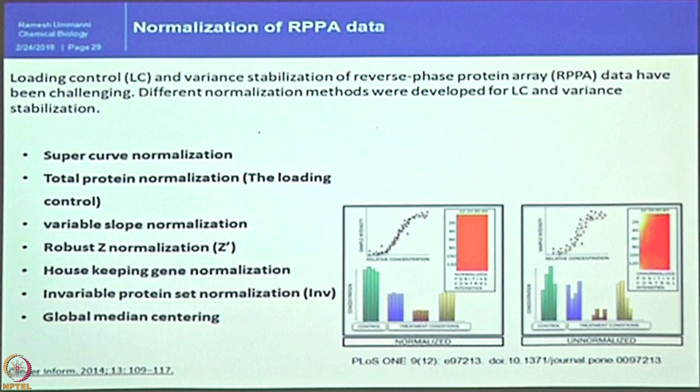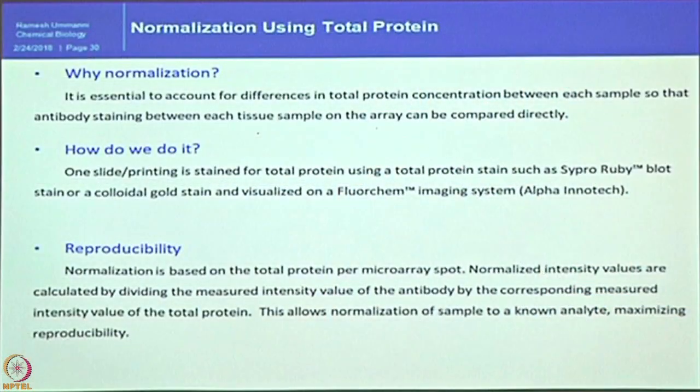You can clearly see that each bar represents one protein across the controls and treatment conditions, then you can get a heat map like this. But after normalization, there is no difference within the samples and you can nicely get a spread of the signals. If you do not apply any normalization method, you end up identifying more differentially expressed proteins across the sample set you have analyzed.